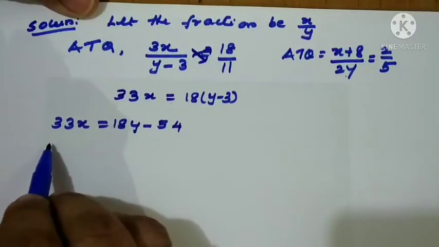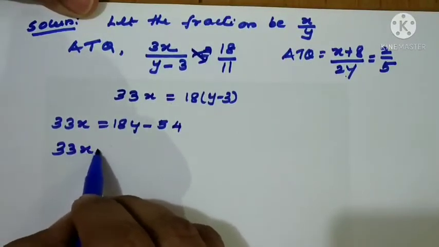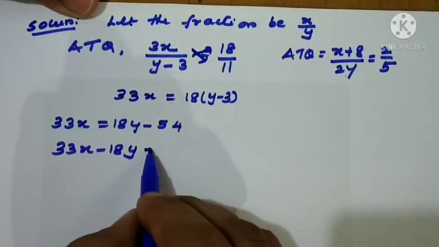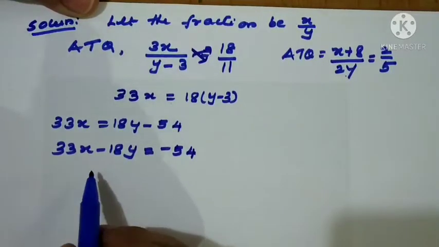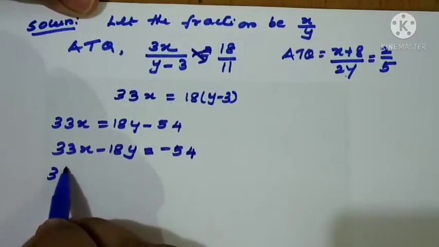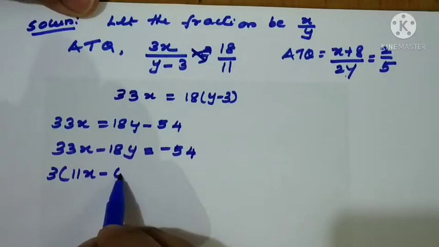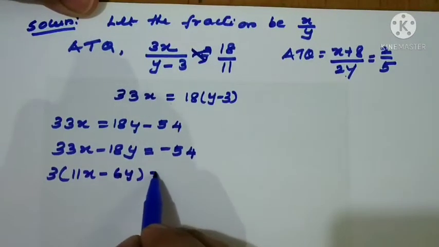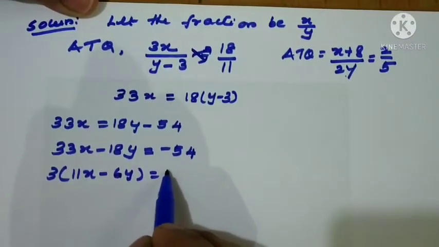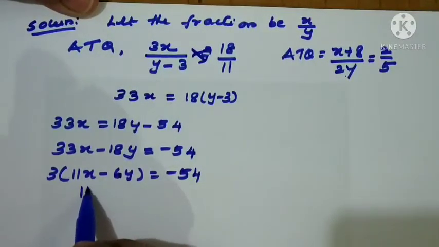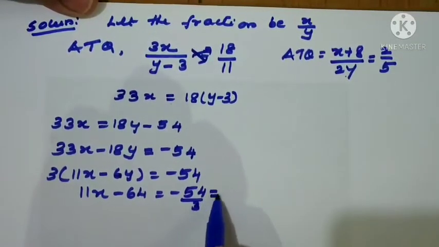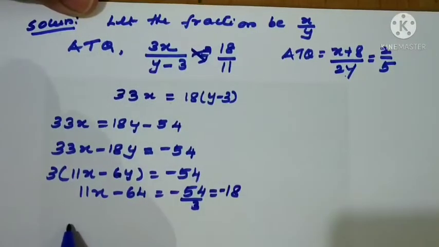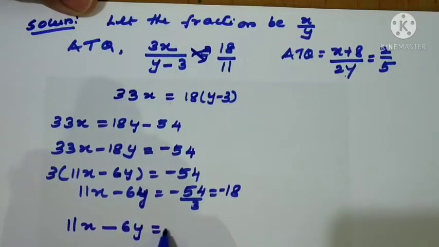Now 3 is common, so it cancels: 11x minus 6y equal to, here also 3 is there, minus 54 by 3, that is minus 18. So our first equation is 11x minus 6y equal to minus 18.